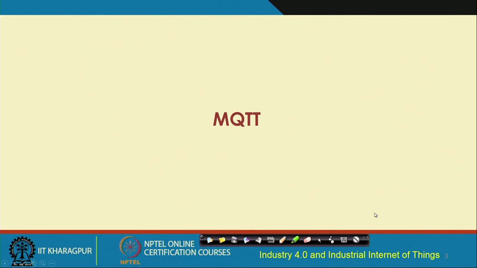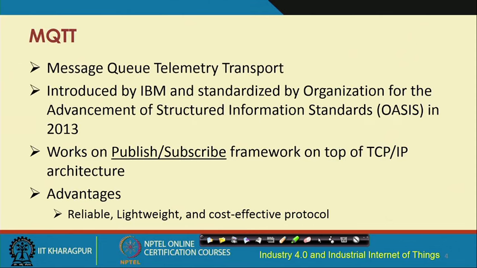Let us talk about some of the solutions, one of which is the MQTT protocol. MQTT, the full form is Message Queue Telemetry Transport, which was introduced by IBM and standardized by OASIS in 2013. MQTT is based on the concept of publish subscribe.